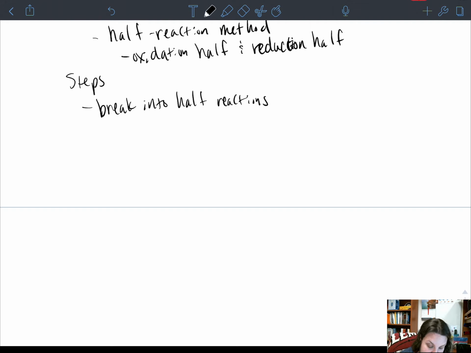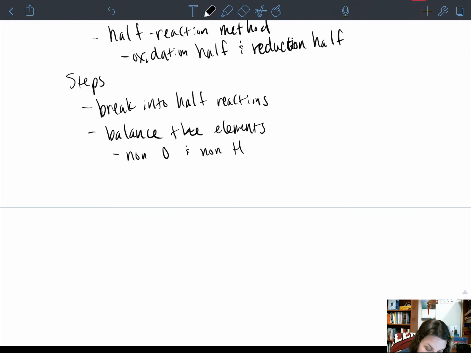After you break it into half reactions, you will balance the elements. You're going to do non-oxygen and non-hydrogens first. Then you're going to balance oxygen by adding water.